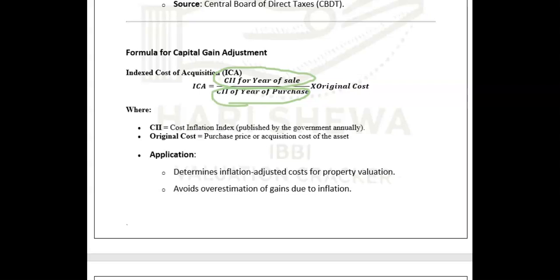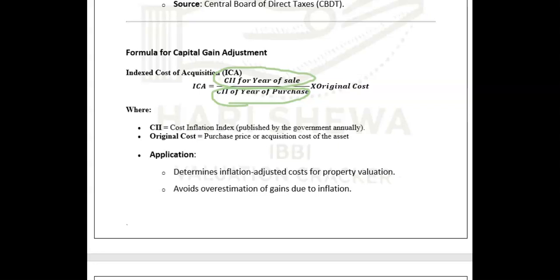If you have purchased in 2005, then the 2005 index will come. If you have purchased in the base year, then the base year index will come. From this formula, you can calculate the indexed cost of acquisition.